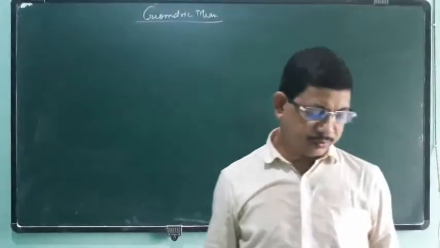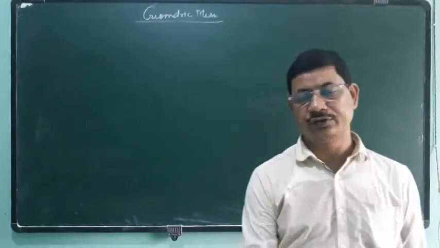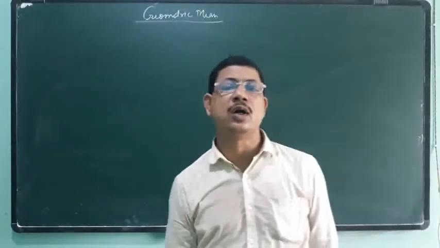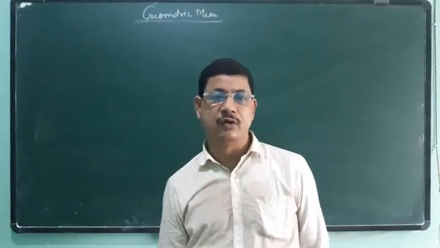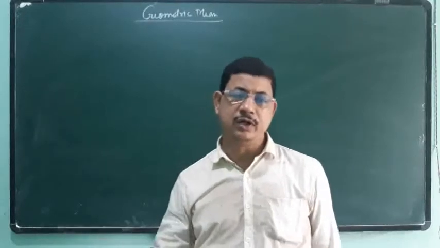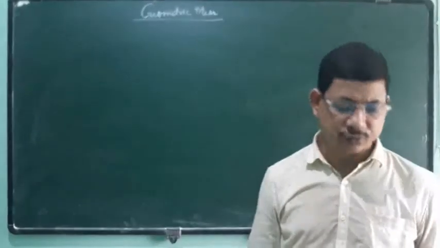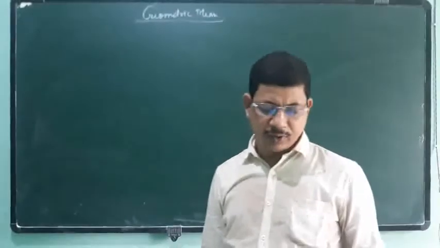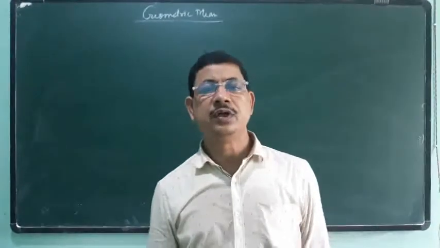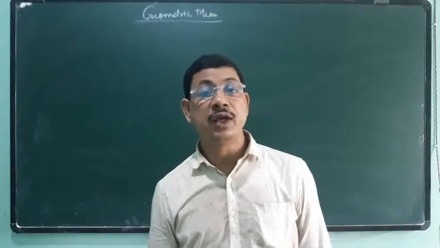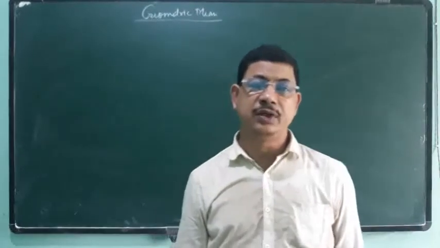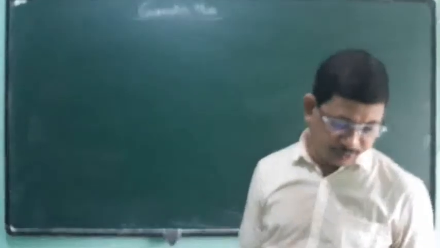Under what circumstances do we recommend this? When weight is not given, it is simple. If weight is given with each figure, it is weighted. Now the advantages and disadvantages of using geometric mean: we generally use geometric mean if we fail with the arithmetic mean.